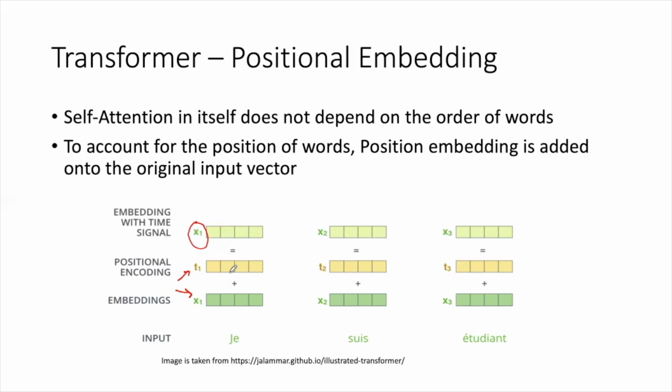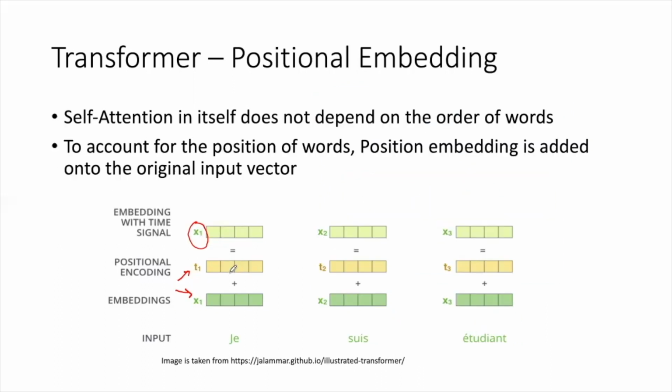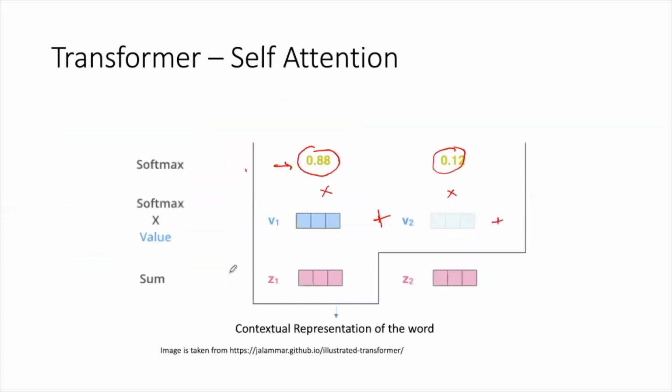We also have learnable position representations, which are also used. They have their own advantages and disadvantages. Now, this covers the encoder portion. We saw how exactly self-attention is calculated and how the contextual representation is generated.